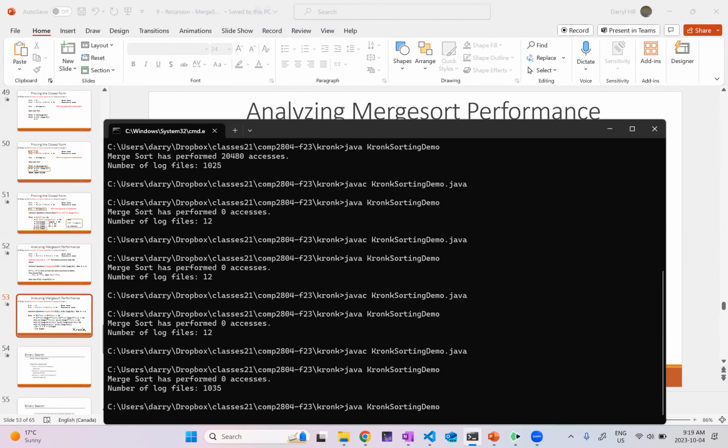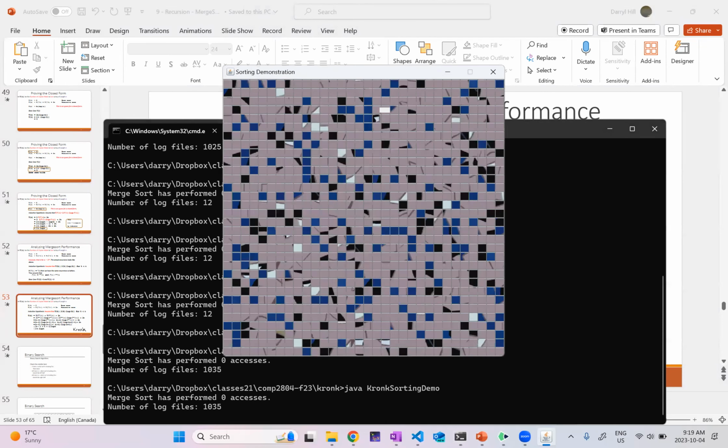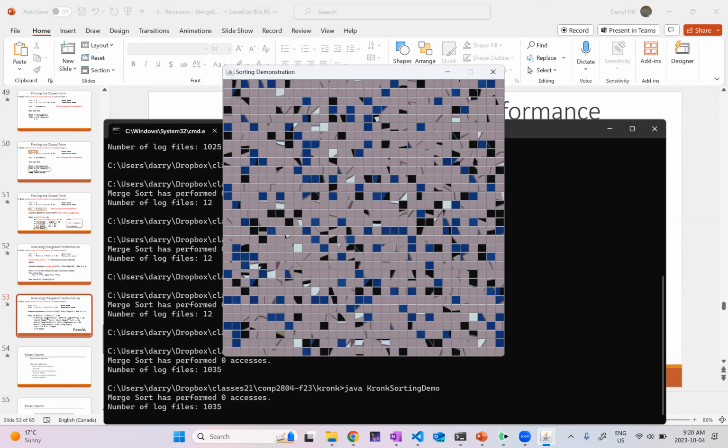All right, so this is a Java sorting demo. It takes a picture, divides it into, I think, 32 by 32 squares, and shuffles them up. Then it shows you a visualization of different sorting algorithms. So this is merge sort.